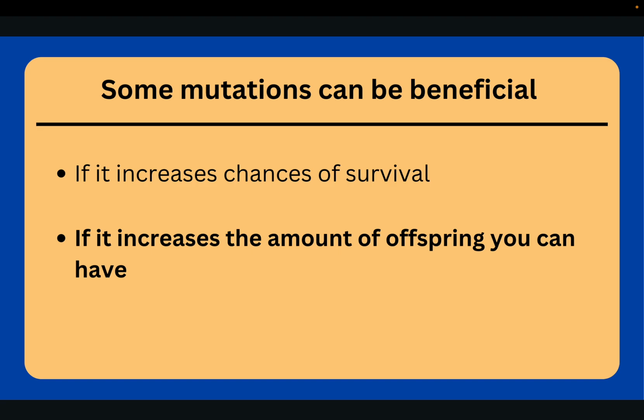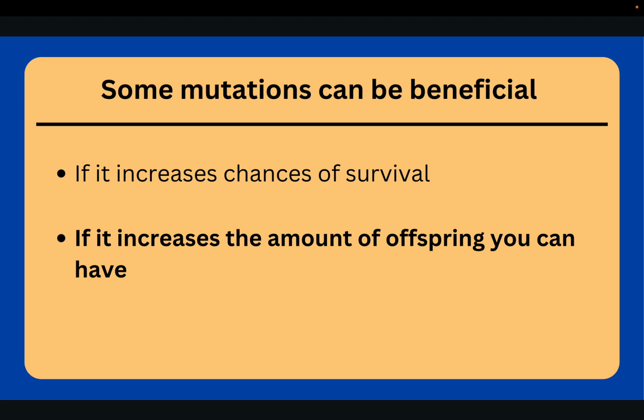Some mutations increase the amount of offspring you can have. So think about yourself like if you were a peacock. If you're a male peacock, you rely on bright, flashy feathers in order to impress the females. Well, what if you get a mutation that makes your colors just a little bit brighter than everybody else's?